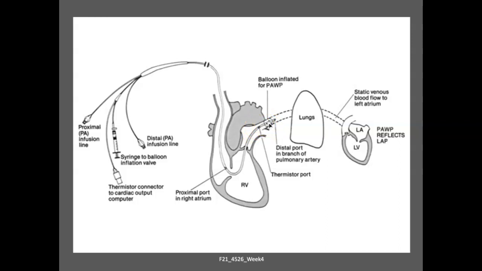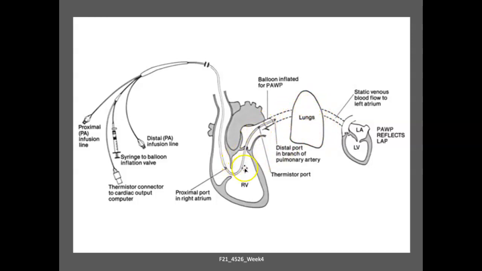And the only time that the balloon is inflated is when you want to take a peek at what's happening in the lungs and kind of what's happening over here. Remember, the blood comes from the right ventricle into the pulmonary system, and then into the lungs, and then it comes back into the left side of the heart after it goes through its exchange of oxygen and carbon dioxide in the lungs.